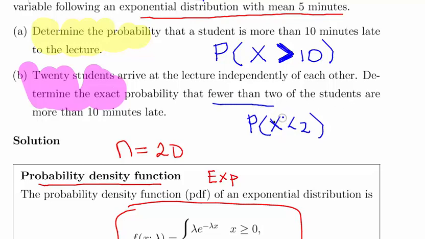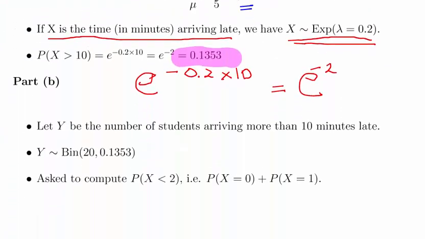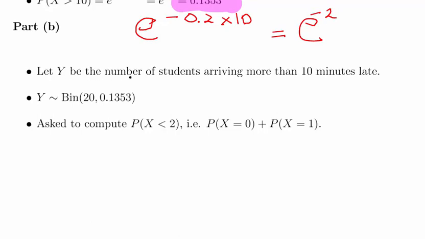For the sake of clarity, I'm going to rename this variable y. What we're also told in this question is the probability of a success. So let y be the number of students arriving more than 10 minutes late. So y is the name of our variable.